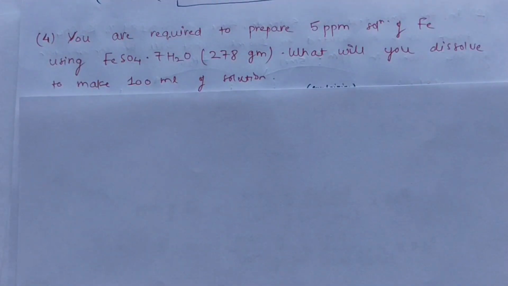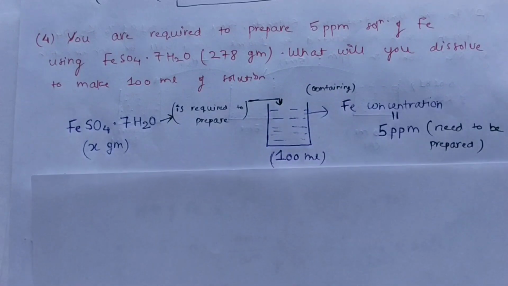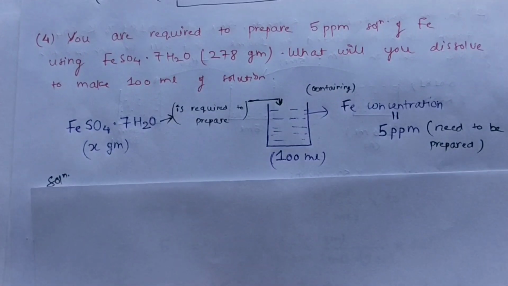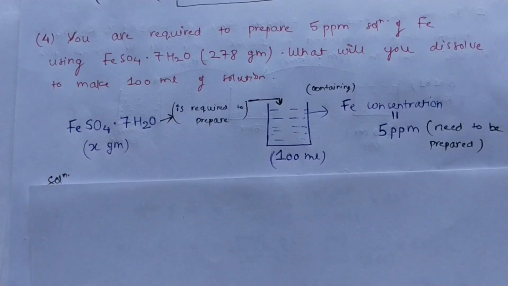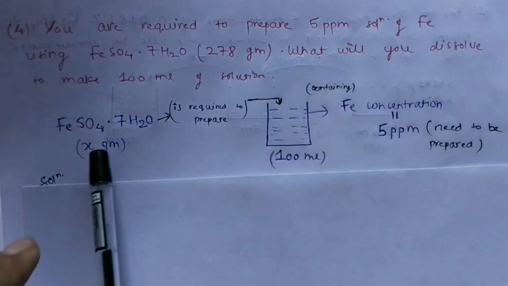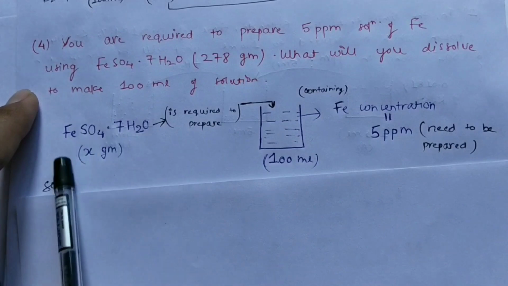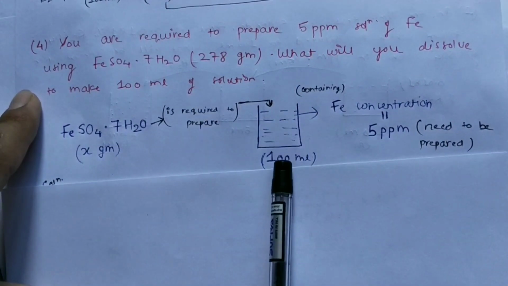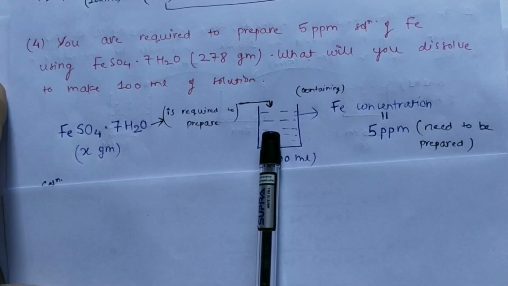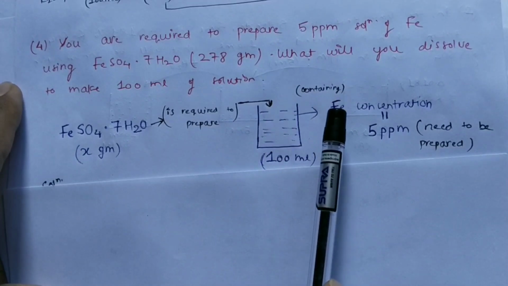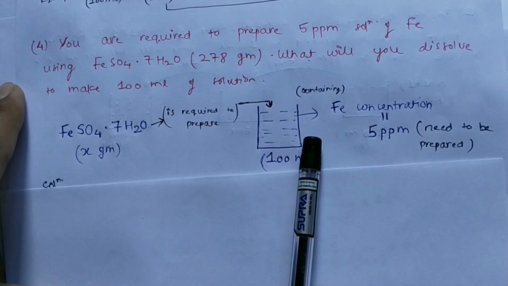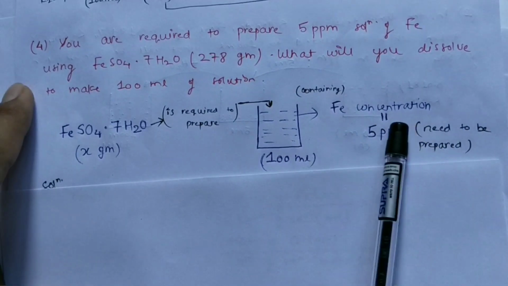So you are required to prepare a 5 parts per million solution of iron using FeSO4.7H2O with molecular weight 278 gram. What will you dissolve to make 100 ml of solution? What the question wants to say is that you are using this powder, FeSO4.7H2O, some gram, to prepare 100 ml solution in such a way that the concentration of iron in this 100 ml solution should be 5 parts per million.